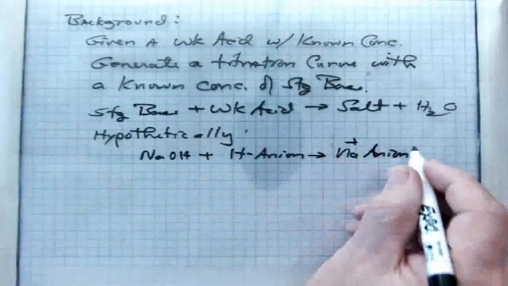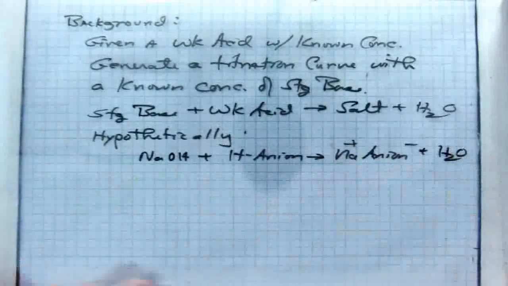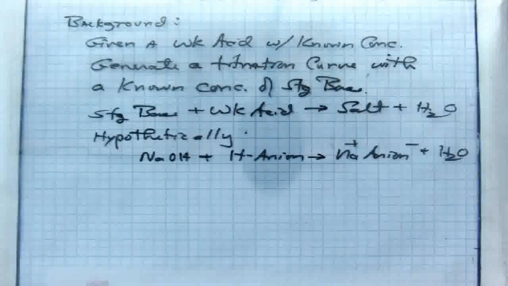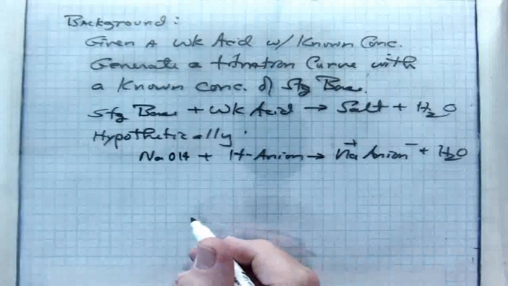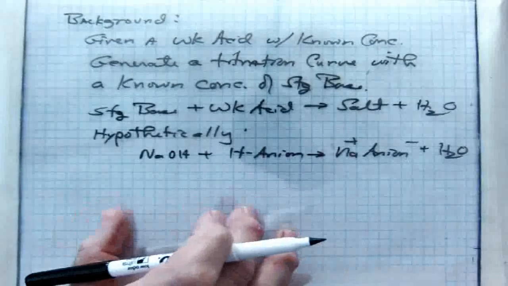Now, give yourself a little space over here because I'm going to make a point in this titration issue. You've seen it before, some of you, maybe not. But what is going to happen in your titration as you add base?